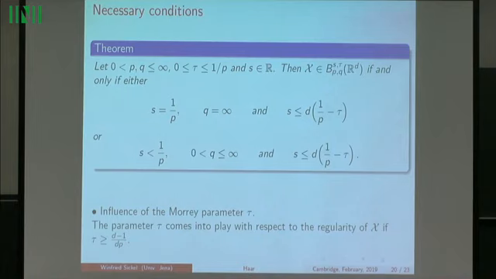And then it turns out the smoothness of the characteristic function in terms of these spaces depends to a certain extent on the Morrey parameter. So the limiting case is again s equals 1 over p, but there is a second condition where tau is showing up. If tau is getting larger, the smoothness requirements in this space are getting more restrictive, and then we get an additional restriction for s.